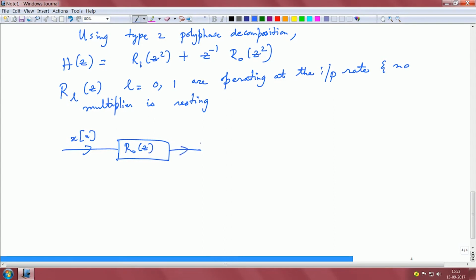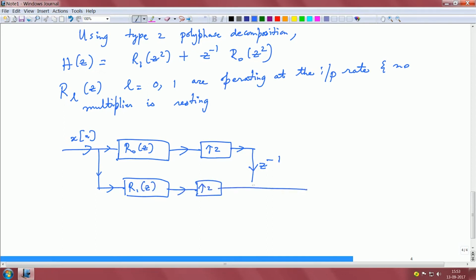This is post application of the Noble identities. So you can see the swap between the upsampler and the filter, and also carefully observe the delay element that is appearing at the output here. So this is R1, this is also upsampled, and this is our efficient structure.